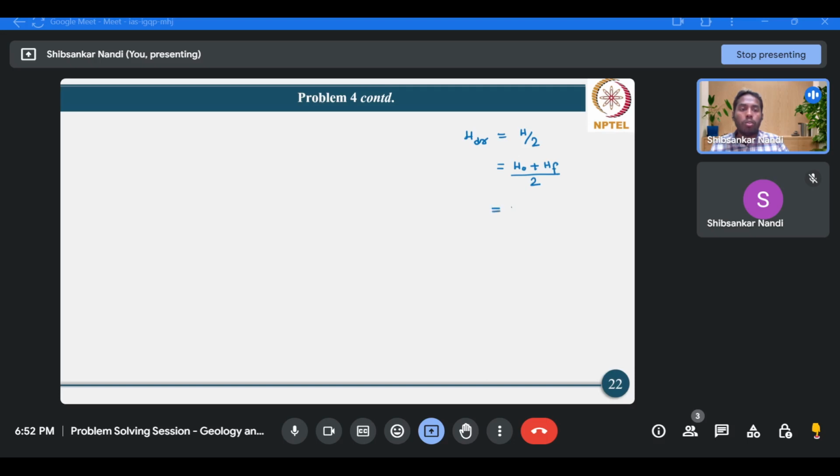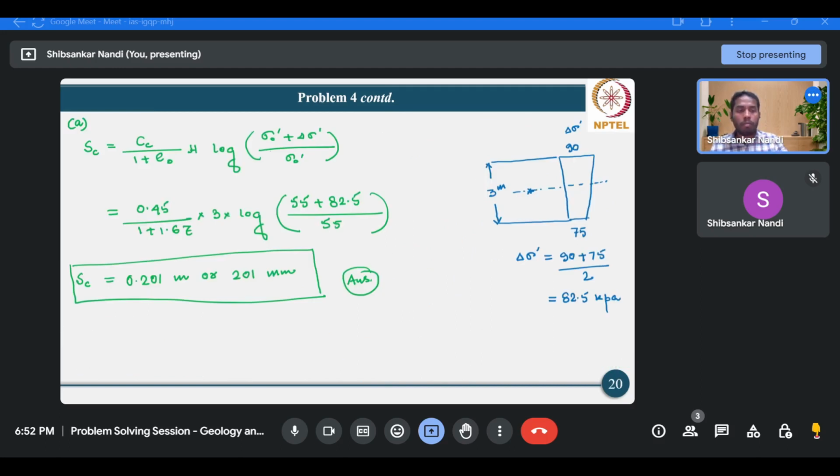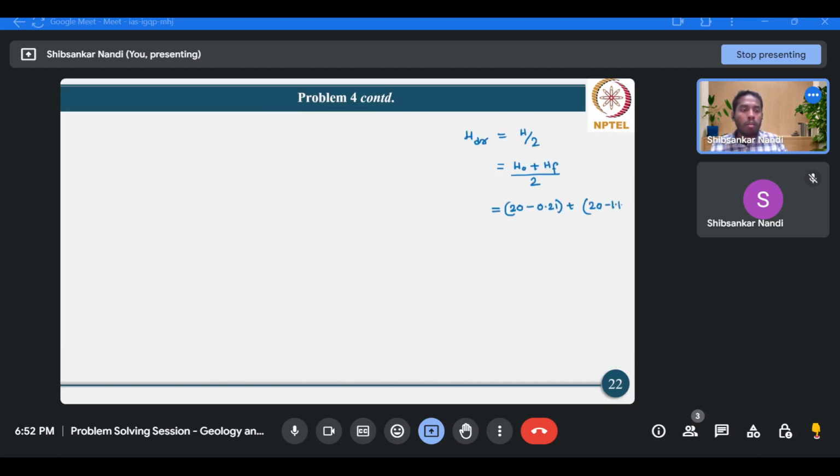Now for this load increment, H0 would be 20 minus 0.21, plus Hf, which is 20 minus 1.13, divided by 2.